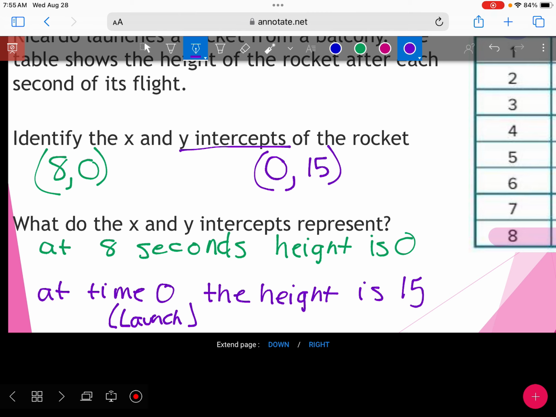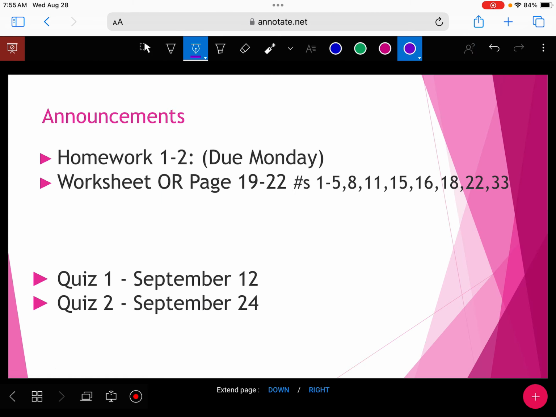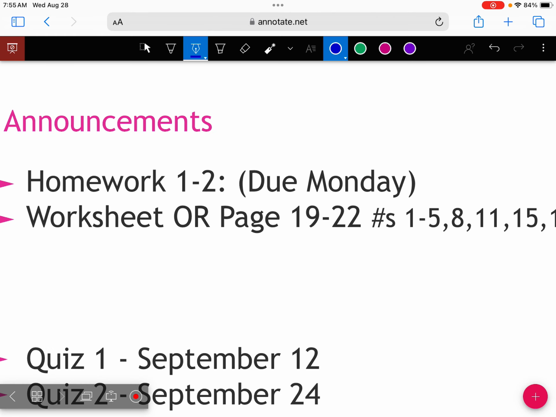Questions? Ta-da! That is the end for today. So, homework 1-1 is due tomorrow. I'm fixing this. It is not due Monday. It is due Friday. Because we're going to finish what we need to talk about tomorrow. That gives you an extra day to turn it in on Friday. Homework 2 is in my hand right here. I'm handing it out.